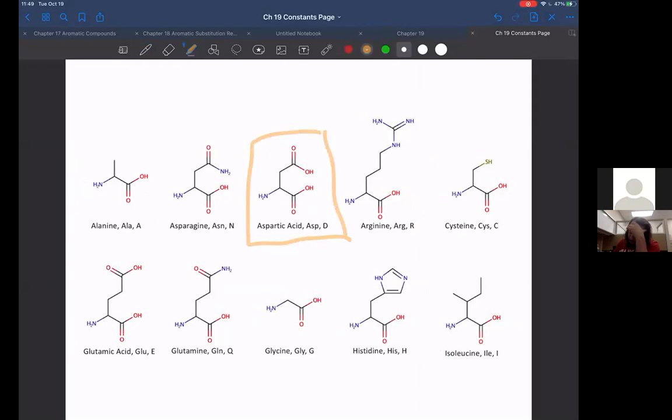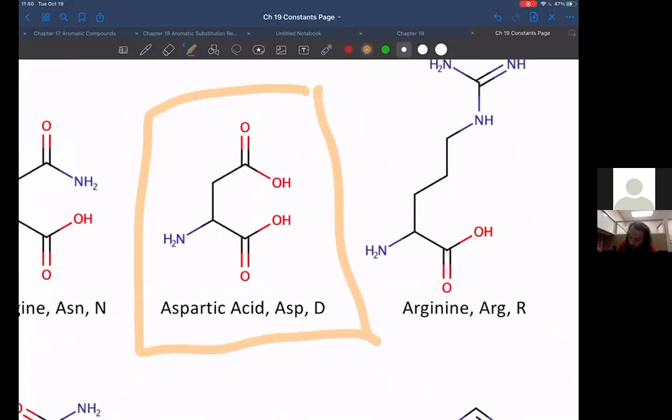Again, this is when being able to categorize your amino acids is really important. Remember, aspartic acid is one of those acidic functional groups. So if I was going to draw the correct structure of aspartic acid at physiological pH, I would make sure to include a negative charge on my R group.